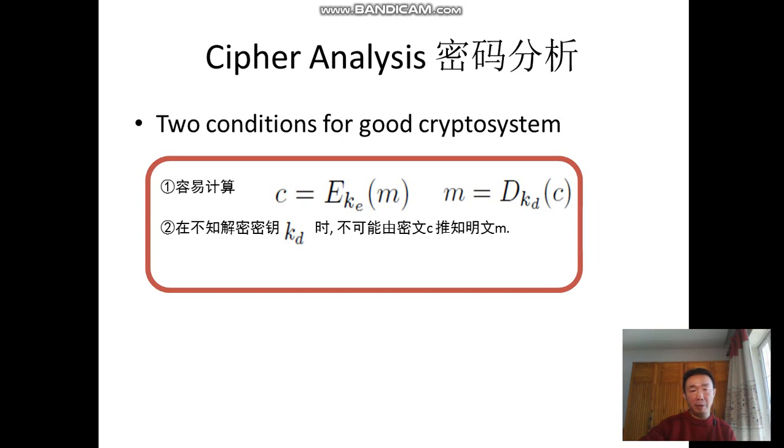Obviously there are two conditions for a good crypto system. We can compute C and M very easily, using the E and D algorithms. And if you don't know the decrypting key, KD, you can't compute C to know the M.